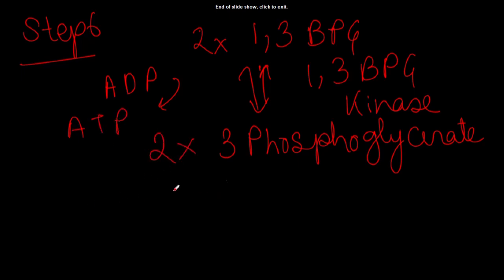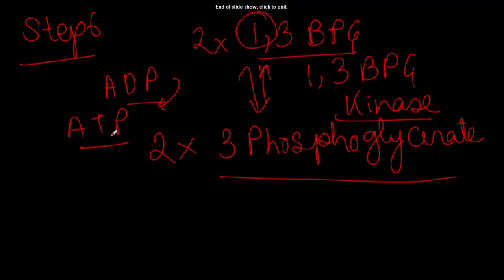Two molecules of 3 phosphoglycerate are formed. Because of the action of kinase, ADP is getting converted to ATP, and there is a loss of phosphate from 1,3-BPG and it is getting added on here. 1,3-BPG kinase is breaking down 1,3-bisphosphoglycerate, and there is a free phosphate, and this free phosphate gets added to the ADP and it gets converted into ATP.